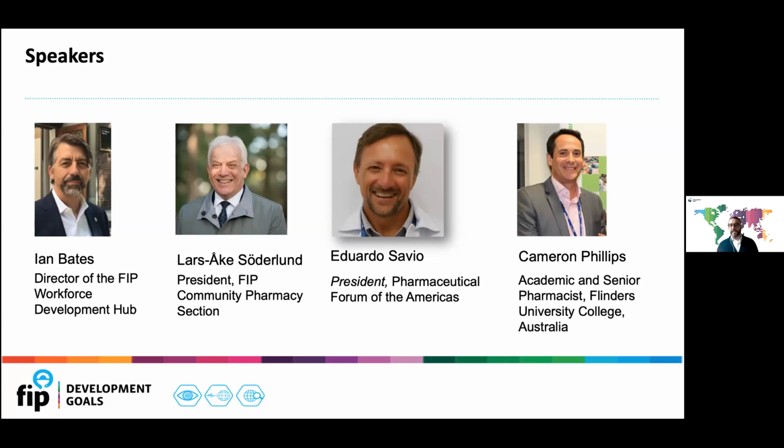And lastly, we have Dr. Cameron Phillips from Australia. Dr. Phillips is an academic in the College of Medicine and Public Health and a senior pharmacist at Flinders Medical Centre and research lead with the Southern Adelaide Pharmacy Department at the local health network. His research interests involve health services research, optimizing the use of antimicrobials, the quality use of medicines and knowledge translation.